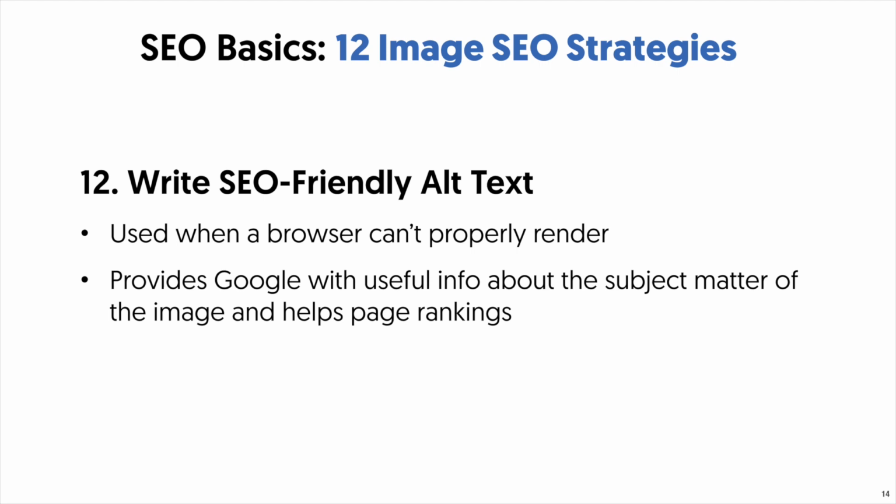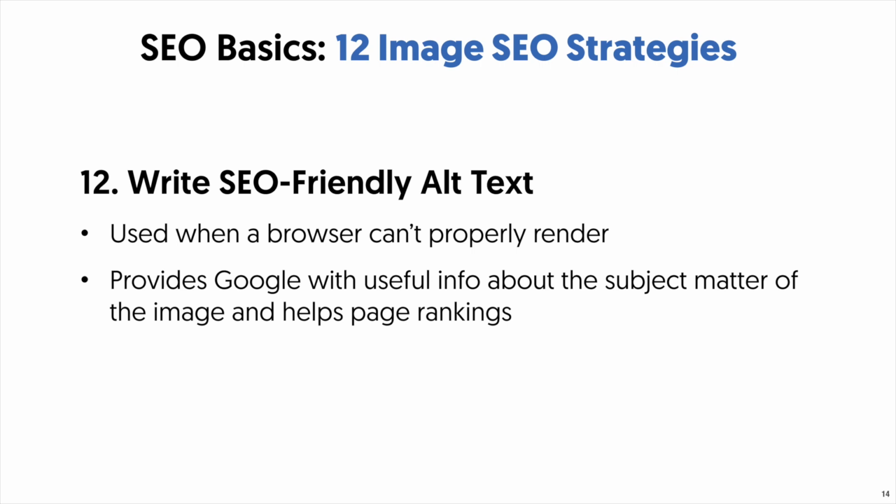Last but not least, write SEO-friendly alt text. So if you don't know what alt text is, it's alternative text, and it's used by a browser when an image can't render properly.